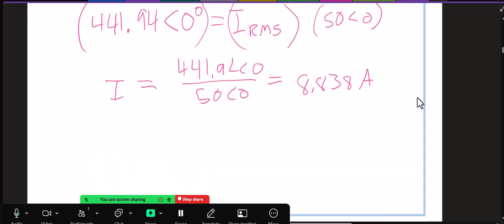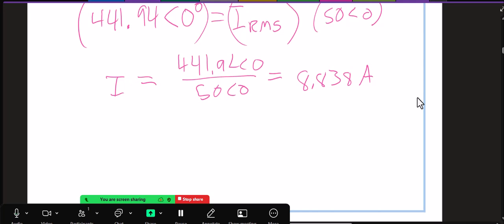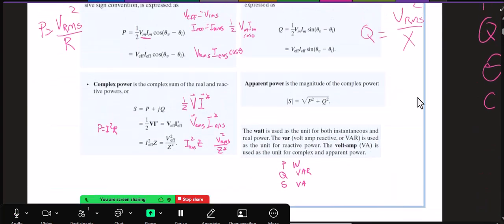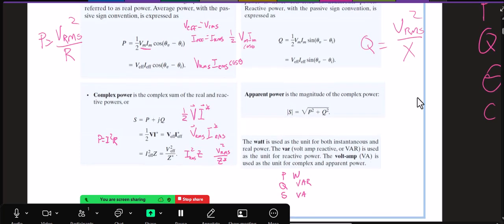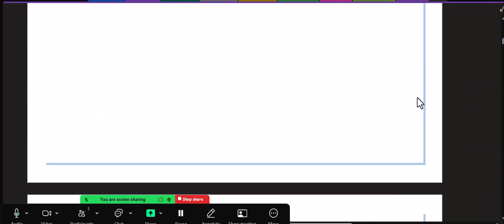So once I have that current, then I can say that power equals IRMS times VRMS times cosine theta.